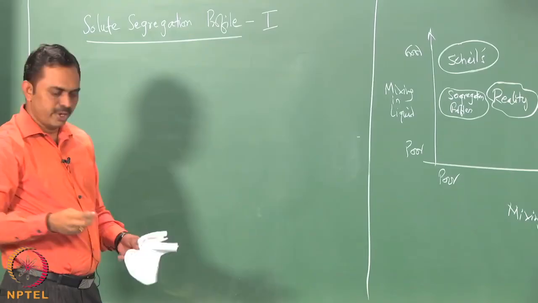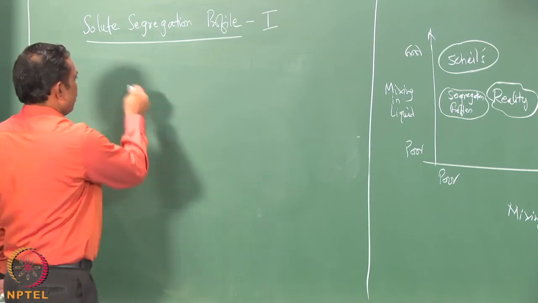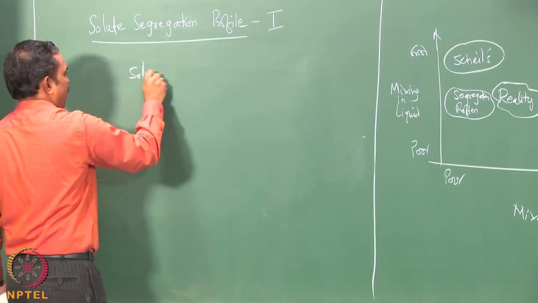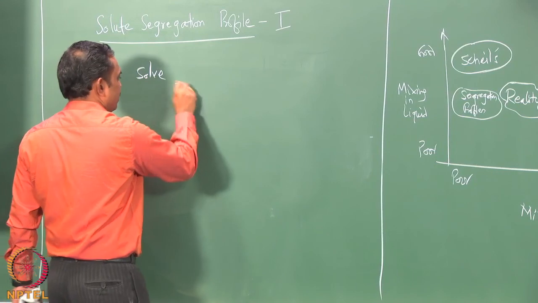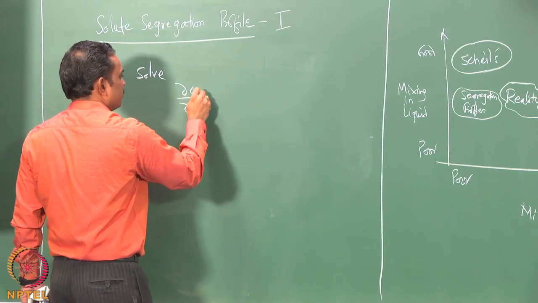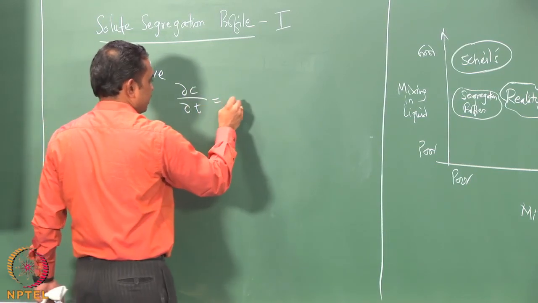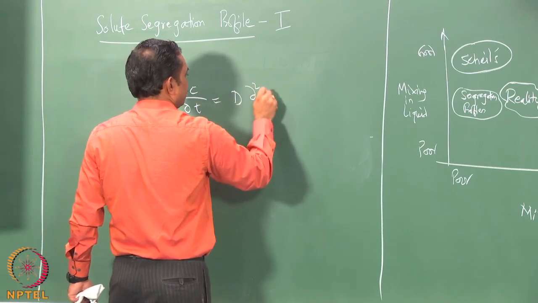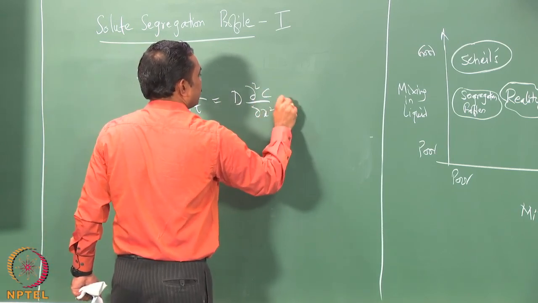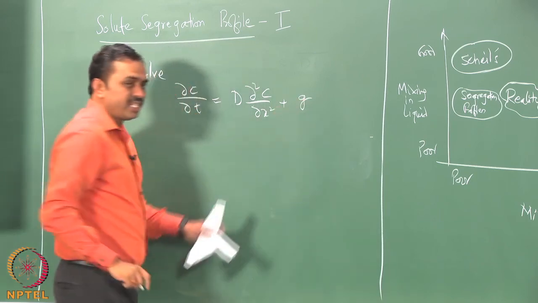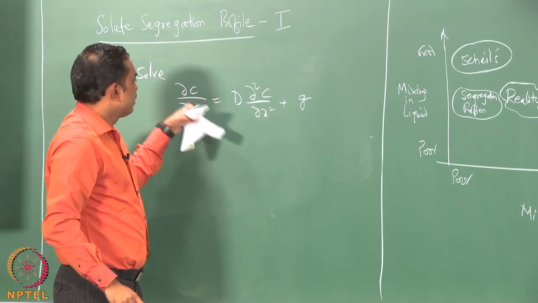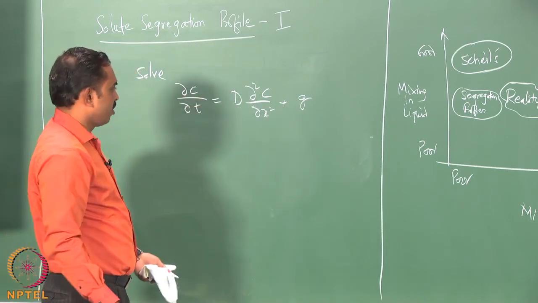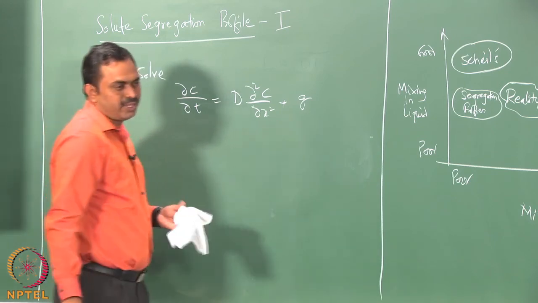So, the equation we are going to solve is this. Normally, you would write an equation like this. G is the generation term, D is the diffusivity, C is the composition of the solute that you want to solve, and in 1D this is how the equation is going to be.